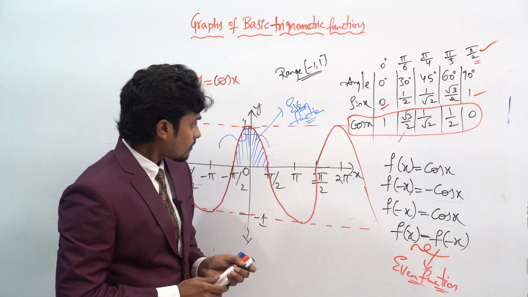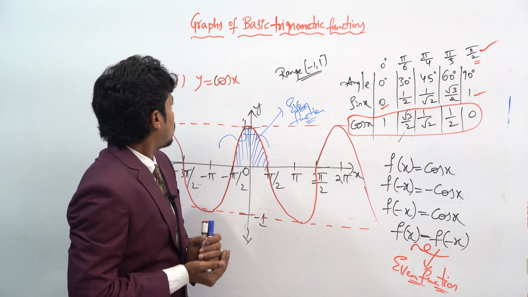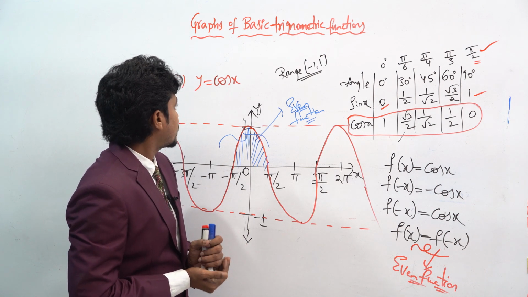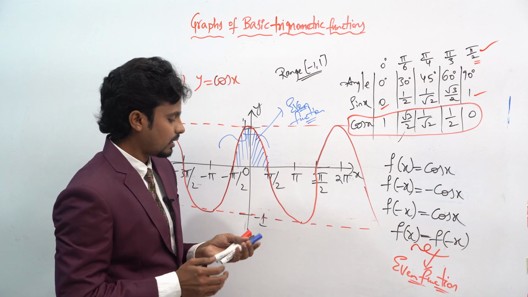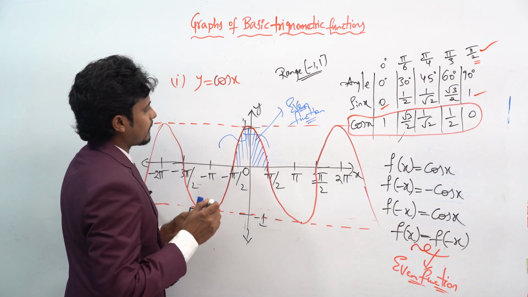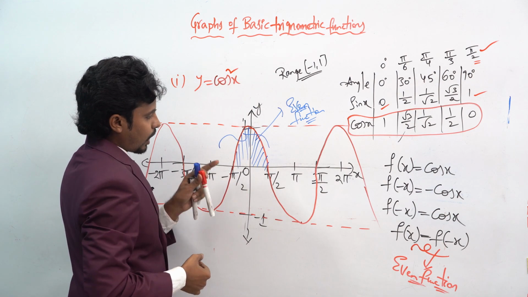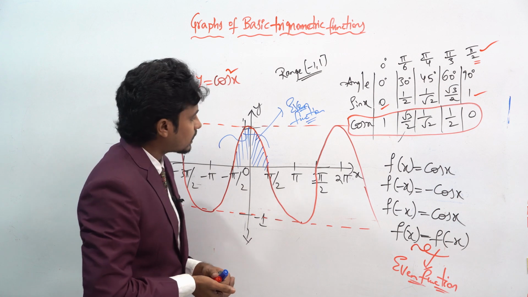Okay, for example, if you want to draw for y is equal to cos square x, what will happen? Similarly the positive side can't get affected.